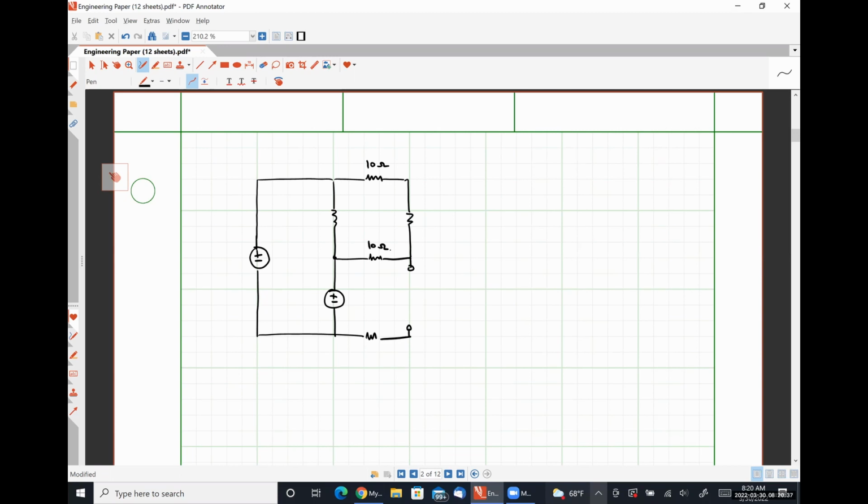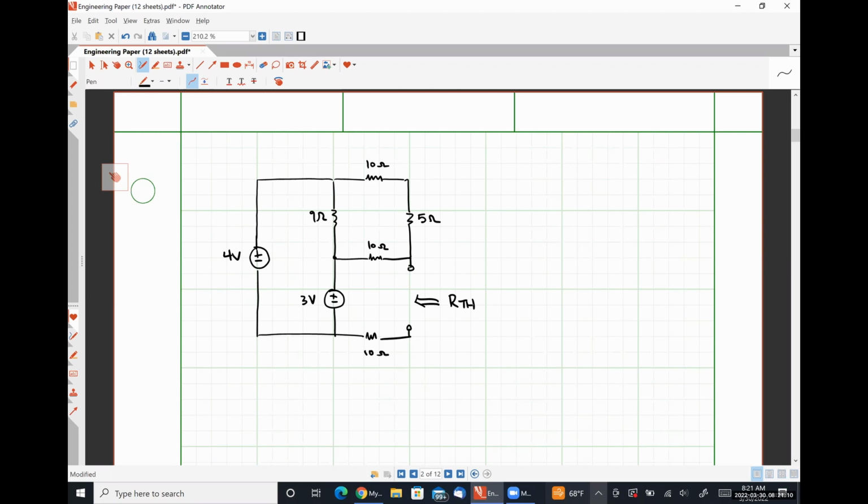And 10, 10, 4, 9, and 5. Okay. So to find the Thevenin equivalent resistance, we look in through the open circuit terminals, but we need to be looking at a dead network. A dead network means that all of our independent sources are turned off.